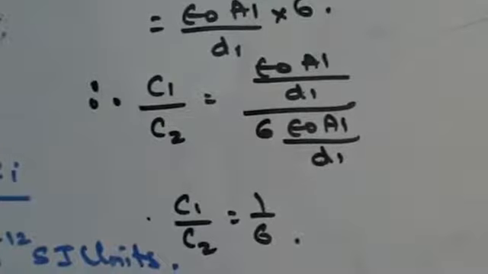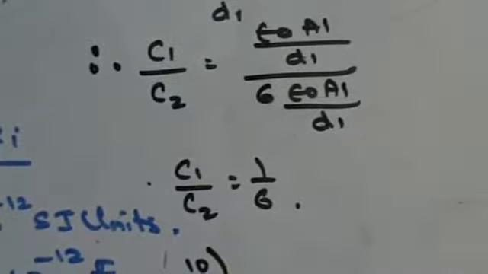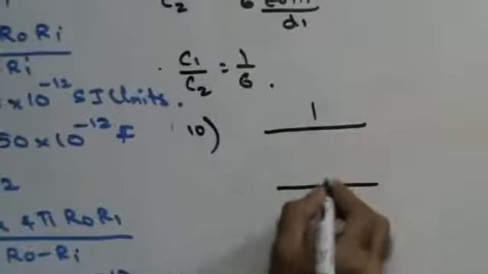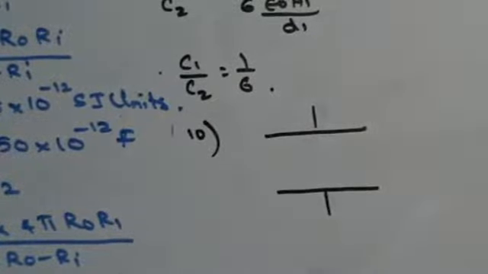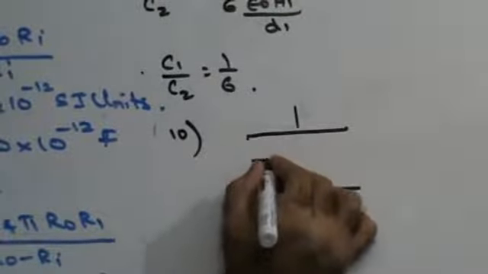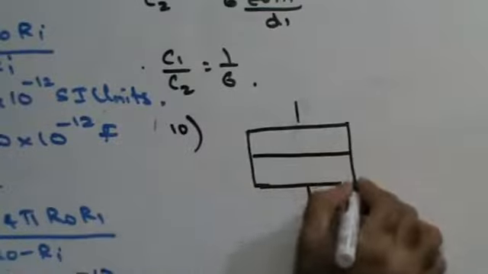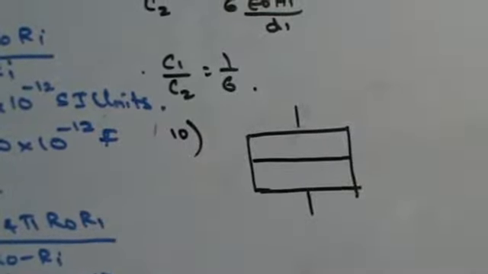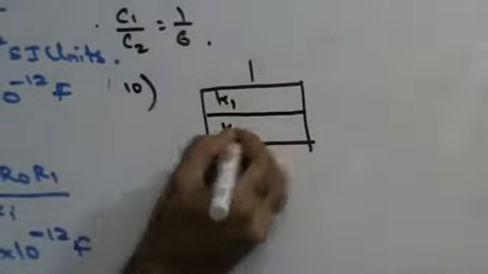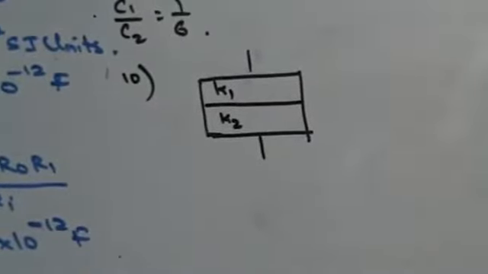A capacitor is filled with two dielectrics of the same dimensions and dielectric constants K1 and K2.